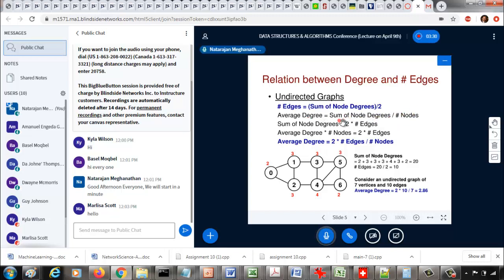So the sum of node degrees is 2 times the number of edges as well as equal to the average degree times the number of nodes. That's what I am relating here.